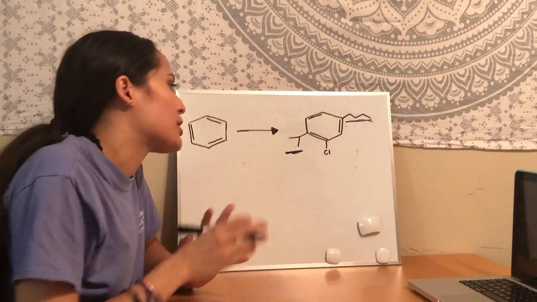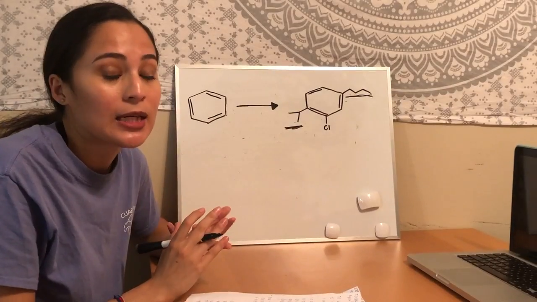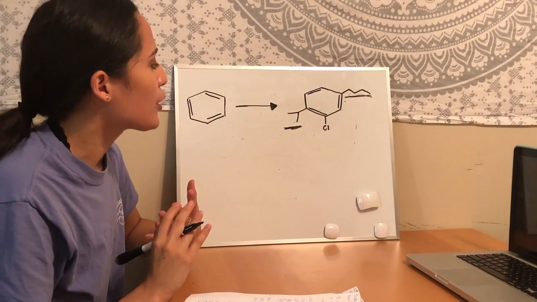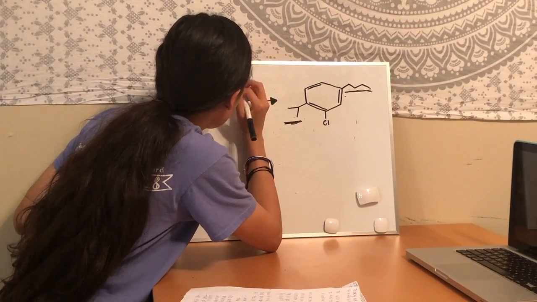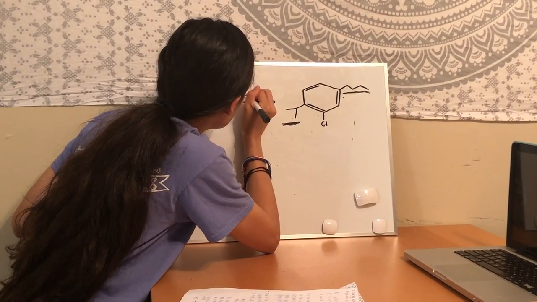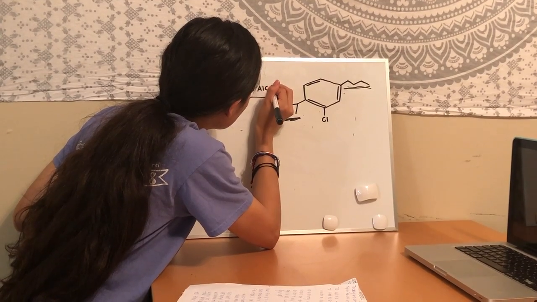So in order to achieve alkyl groups onto our benzene ring, we typically use Friedel-Crafts alkylation. So with Friedel-Crafts alkylation, we're going to use our propyl chloride, and we're going to use aluminum tetrachloride.